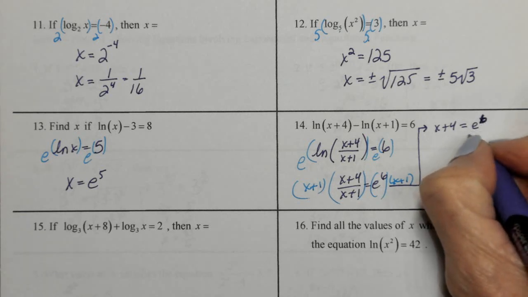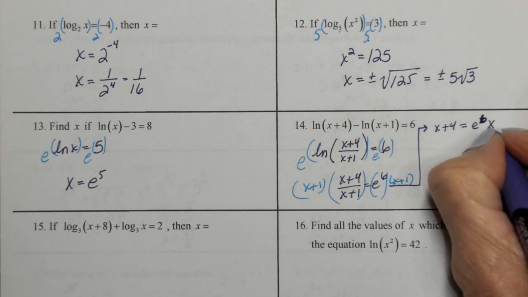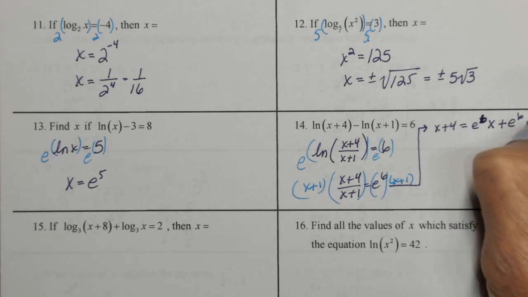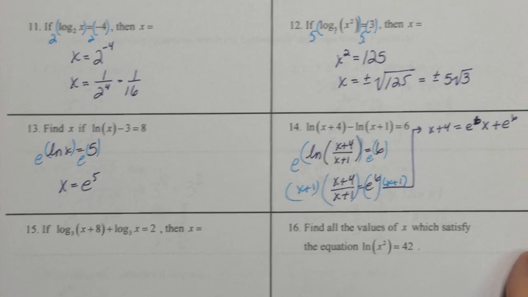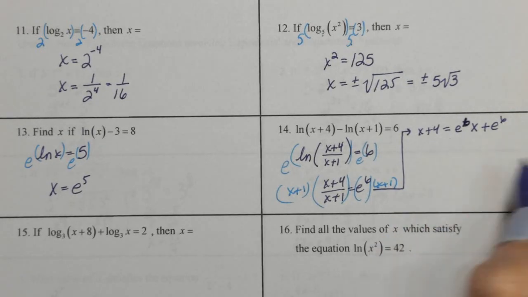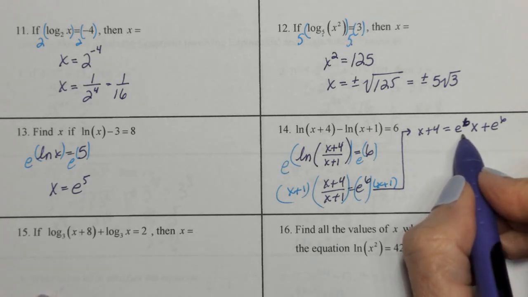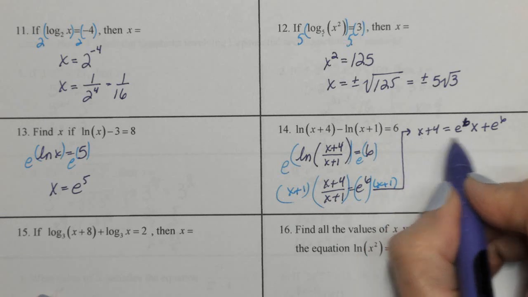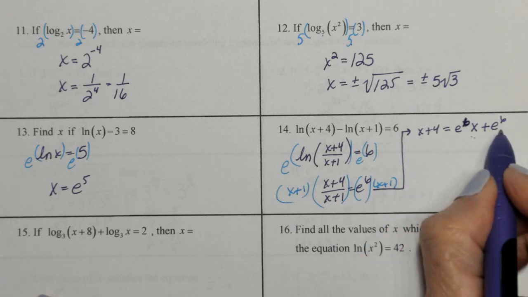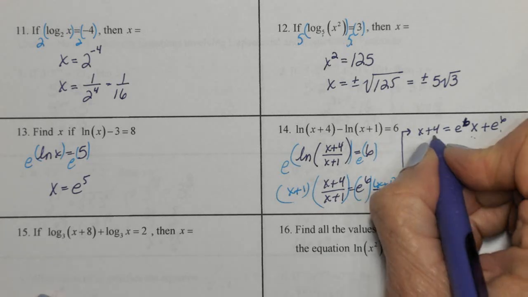That's just a number. I'm thinking of that like a 7 or something. x plus e to the 6. And now I'm going to collect all of my x's on one side. So I think I'm going to subtract this x to the other side and move this e to the 6 to the left. e to the 6 is just a number, so I put it on the side with my numbers.